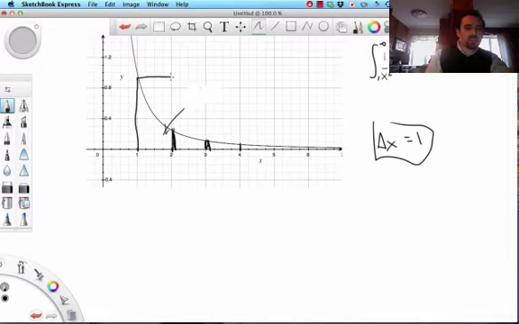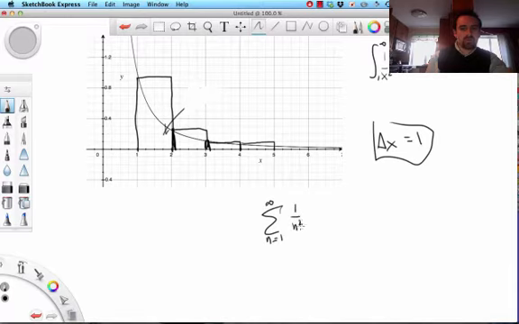I can do the left-hand Riemann sum, which notice is an overestimation. So the left-hand Riemann sum is going to look like this: the sum from n equals 1 to infinity of 1 over n squared.